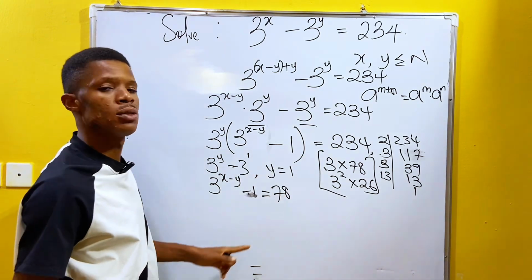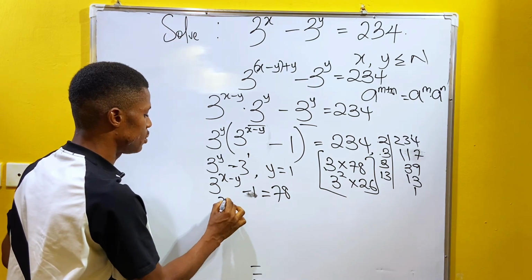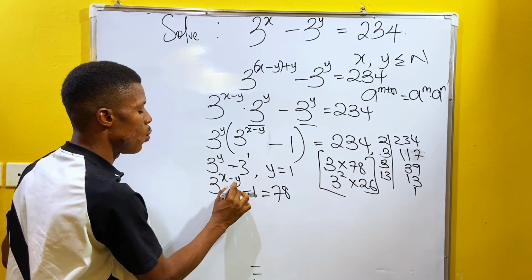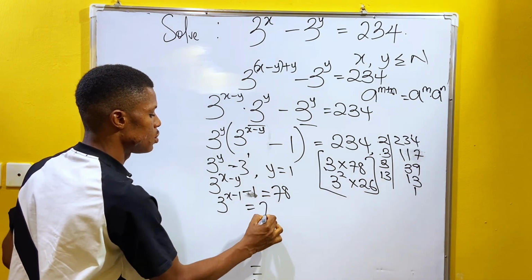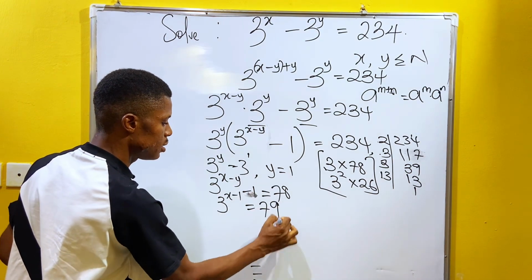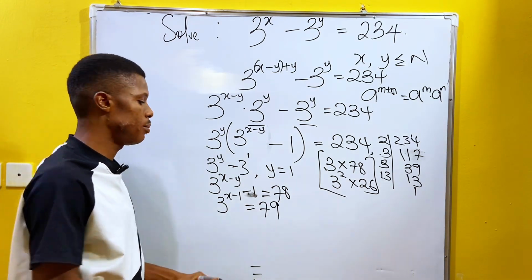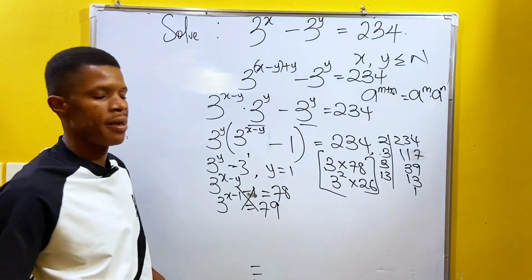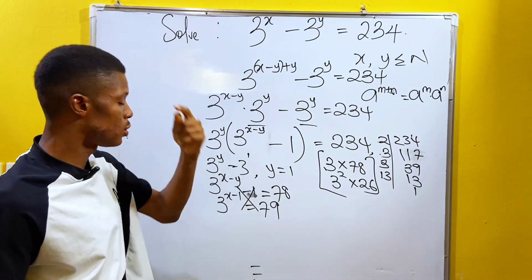If you add 1 to both sides, you have 3 to the power of x minus 1 equal to 79. When you solve this, you are not going to get a whole number. So this is not valid. We will reject this. Then let's go to the next one.